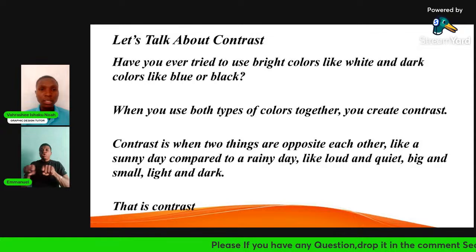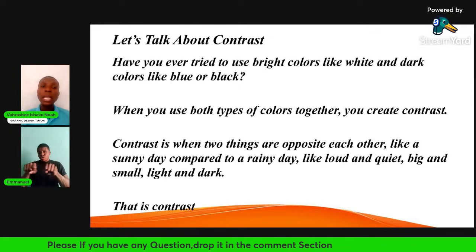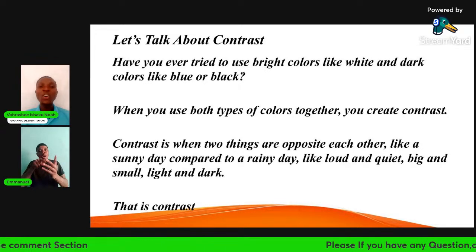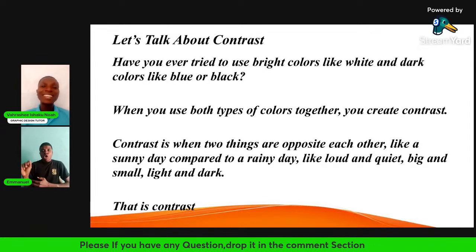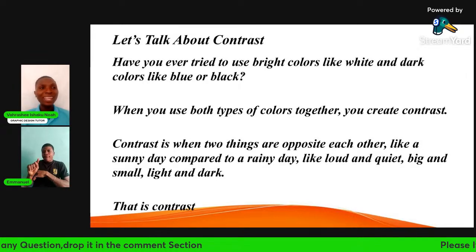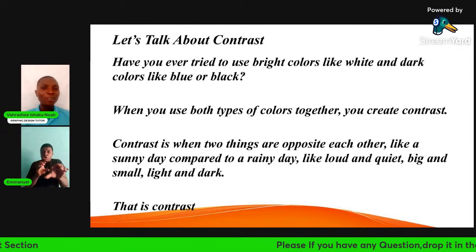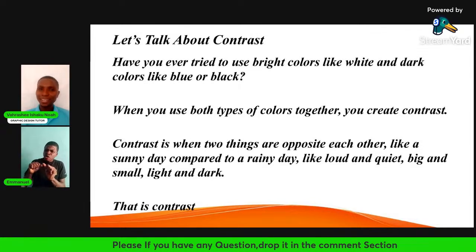That is a contrast. Or carrying a red cup and keeping it among black cups or blue cups. That is contrast. Colors that are opposites. And a pattern is a certain arrangement that is done in a certain way and repeated over and over again. I hope you got that lesson right.